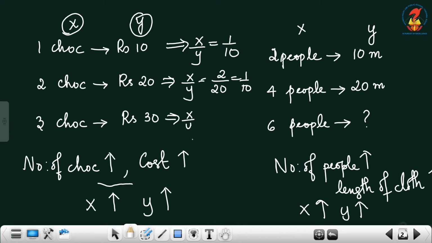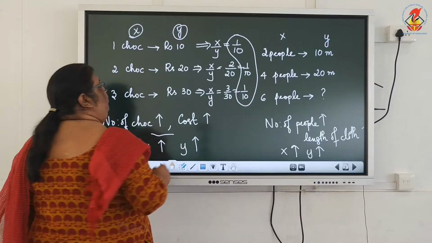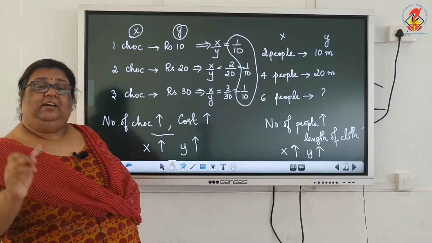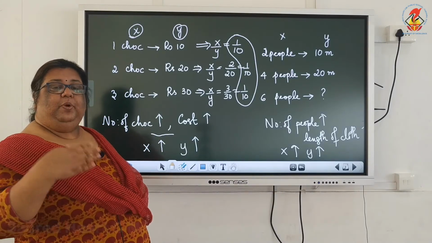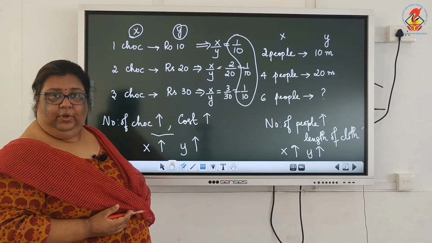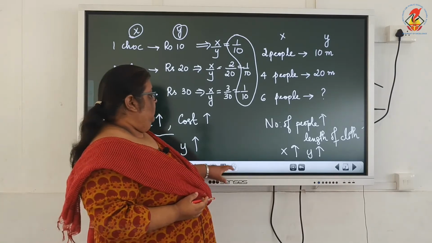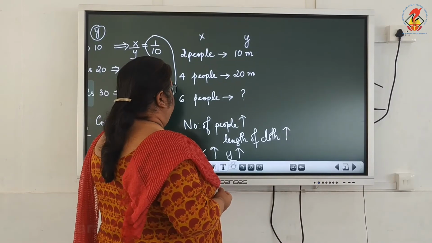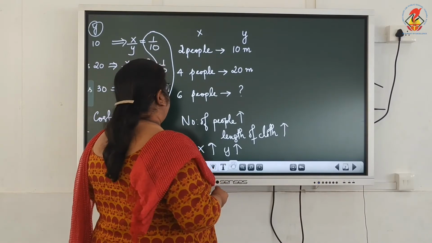Here X by Y, 3 by 30, which is equal to 1 by 10. You can see the ratio formed here remains a constant. So as one quantity increases, the other quantity also increases. Similar here also. Number of people and the length of the cloth.